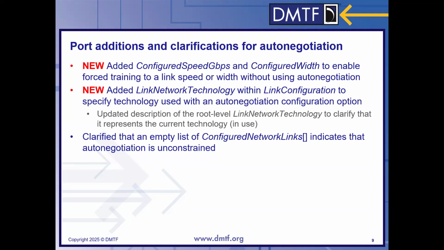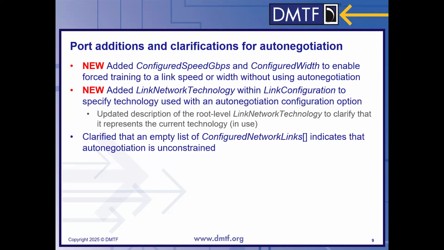We also added an indicator in the array of link configuration objects for auto negotiation to call out what link technology to apply this to. There are many devices that support multiple technologies.